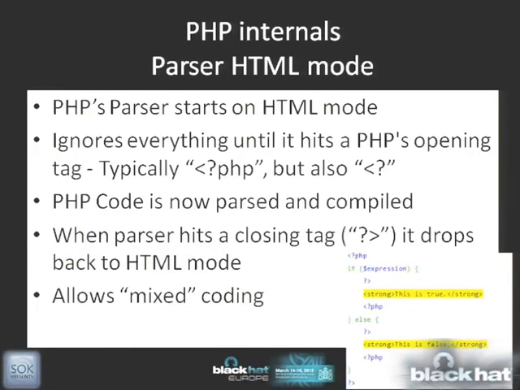When the PHP engine sees a PHP file, the PHP parser starts in HTML mode, which tells the parser to ignore everything until it hits PHP's opening tag, which is typically angle bracket question mark PHP, but there are other ways, such as the short opening tag, which consists only of angle bracket and question mark.